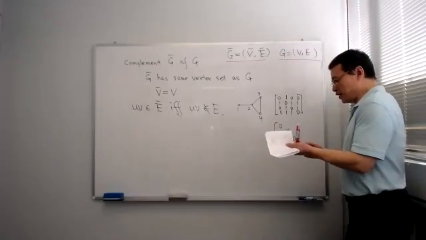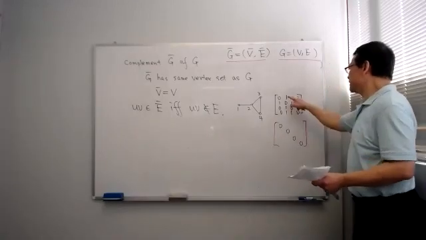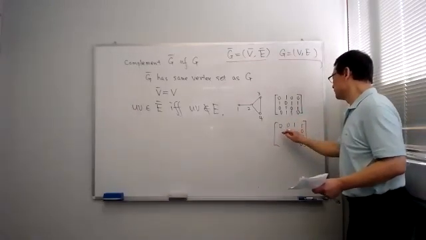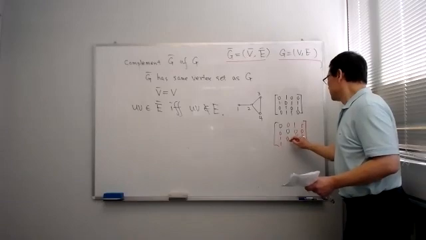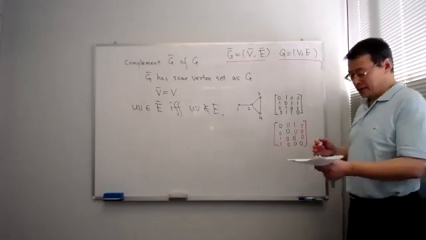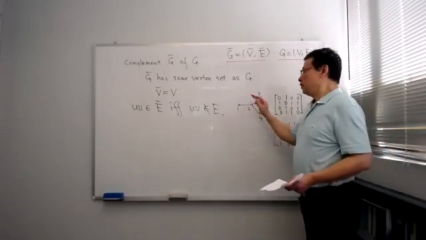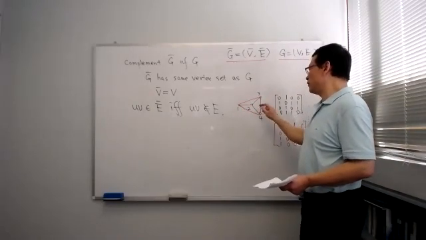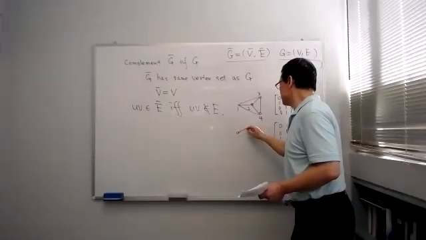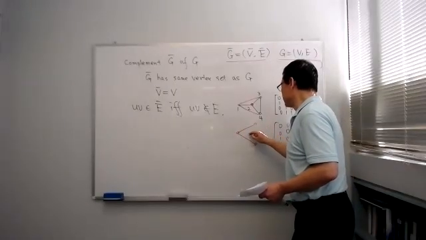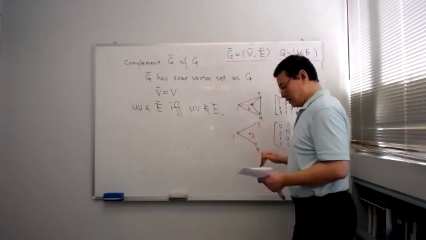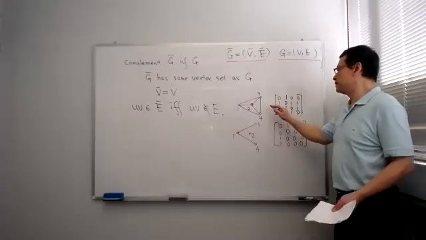That's the complementary graph. The red ones represent edges in the complement, so the graph looks like this, and the complement is this graph.